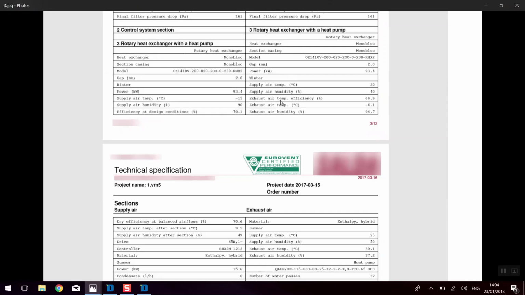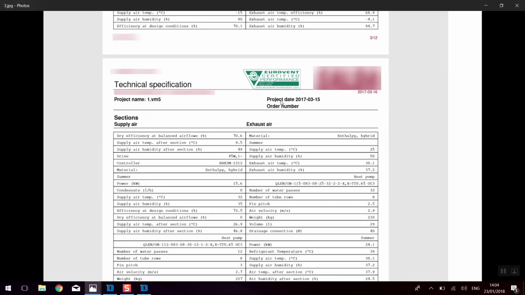Just to show you its efficiency. So the dry efficiency is 70.6%, but we don't actually see the humidity efficiency.